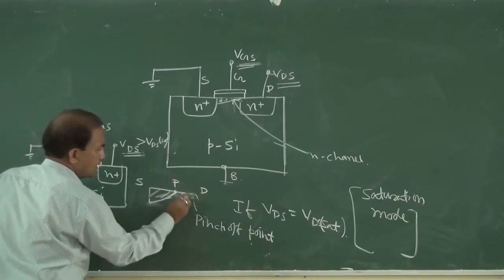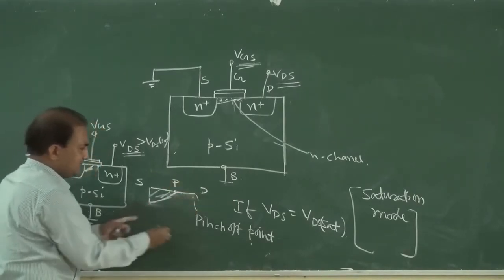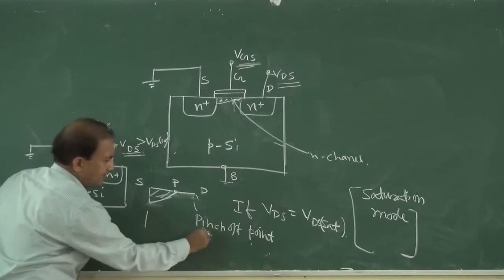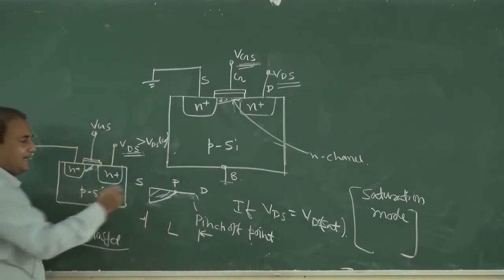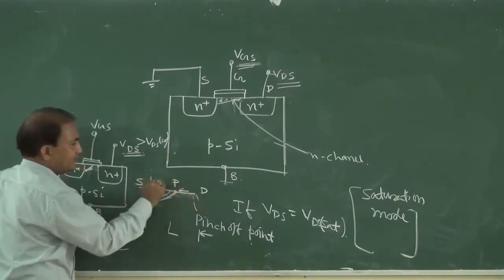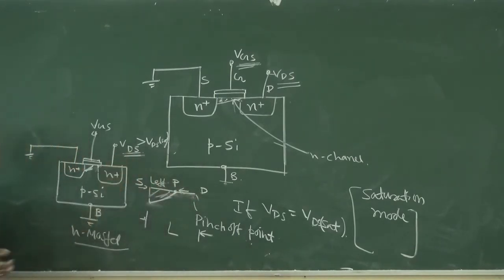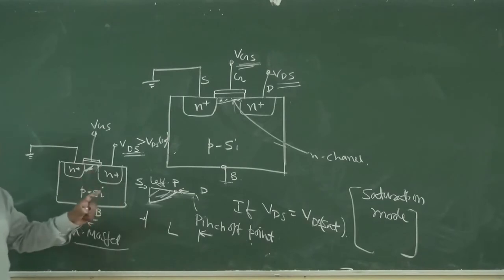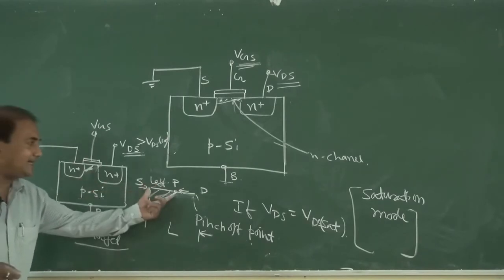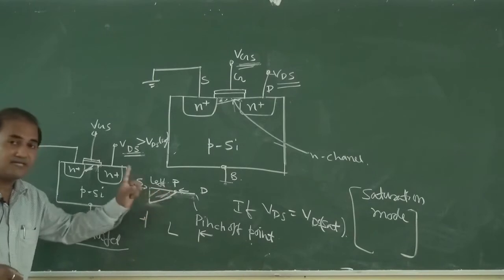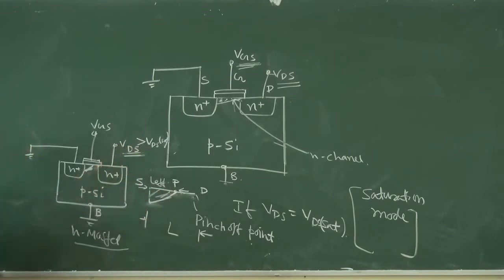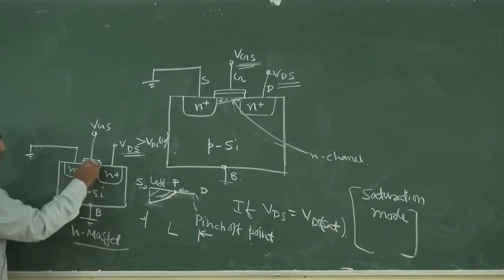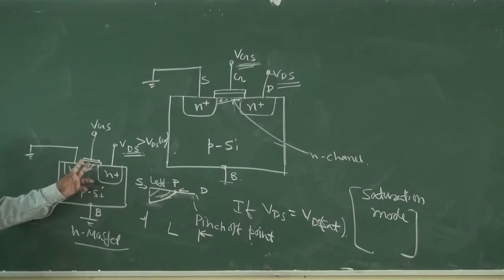This is pinch off point. Earlier the channel length was this. Now the effective channel length, this is L effective. So in case of saturation mode, the effective channel length decreases because of this pinch off condition.